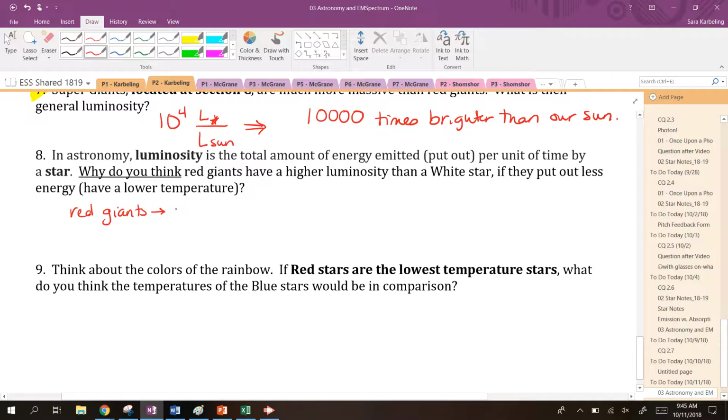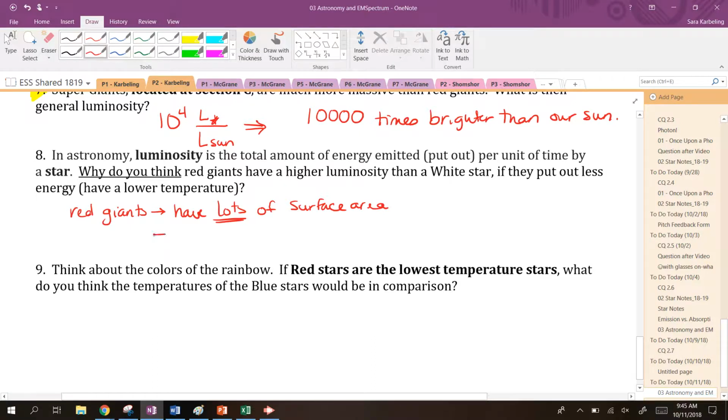So red giants have lots of surface area. And because they have so much surface area, they are actually giving off more energy because there's just lots more space for it to be given off from.